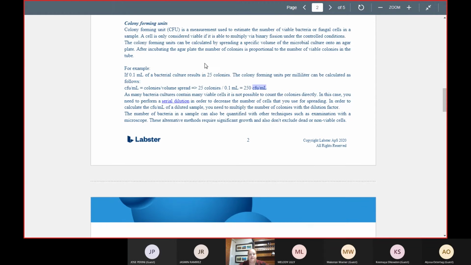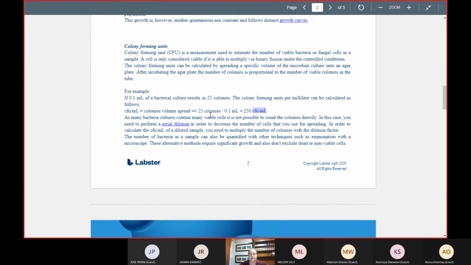So for the example that they give here, we're going to walk through this on my Jamboard in a second. They represent the three things that we're looking for to calculate colony forming units, or the CFU per milliliter: your number of colonies, the amount that you plated, and the dilution factor.